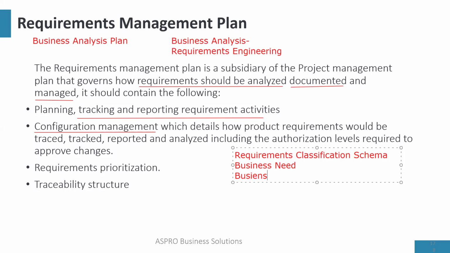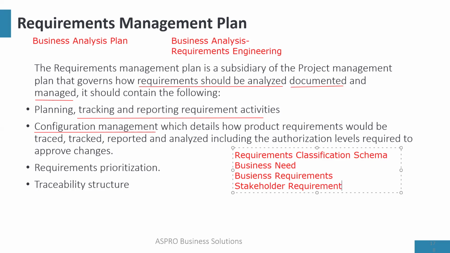Then we create the business requirement. Now, the business requirement is where we set the business objectives based on the current state of the organization, which means when we look at the current state of the organization, we can now set the objectives, right? Then business requirements are created, and stakeholder requirements, right? Stakeholder requirements could now be contribution from people who are in the business, right? Then we now have solution requirements.